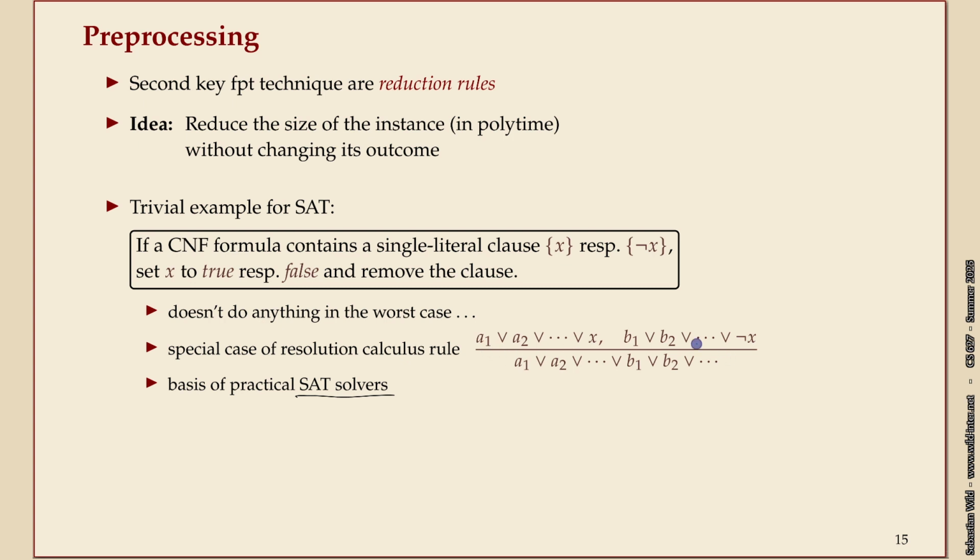If you have two clauses that overlap in one variable x and they use it in the opposite way, then you can add a new clause which takes all the parts without x, because in a way, these two clauses together mean either x is true or false. So at least in one of them, you'll need some of the other literals to become true. So you can add more clauses to your formula this way.